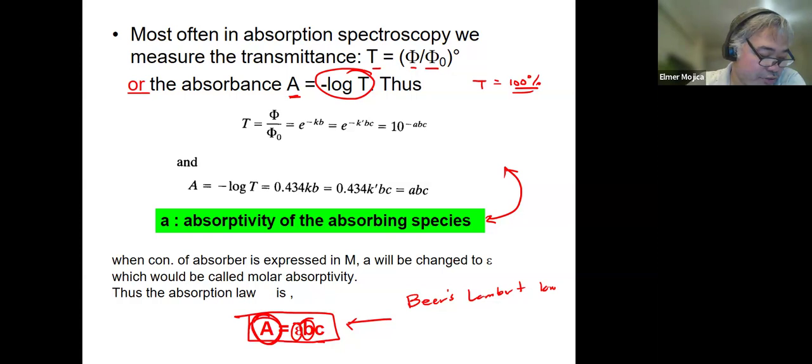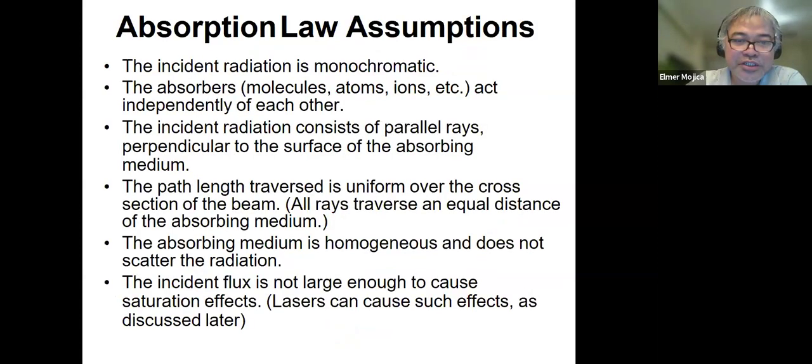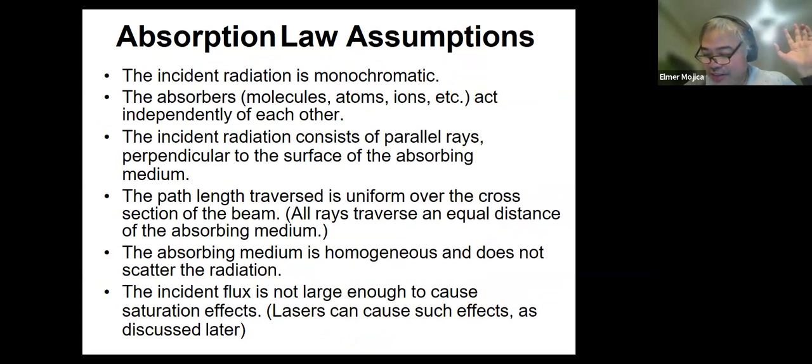So this is one of the things that will be useful. If you look at the statement, believe it or not, there are statements of assumption of the absorption law. The first is that the incident radiation is monochromatic. What does it mean?